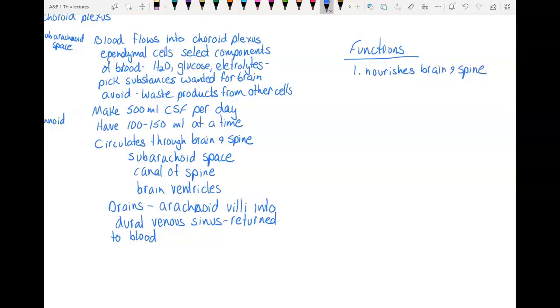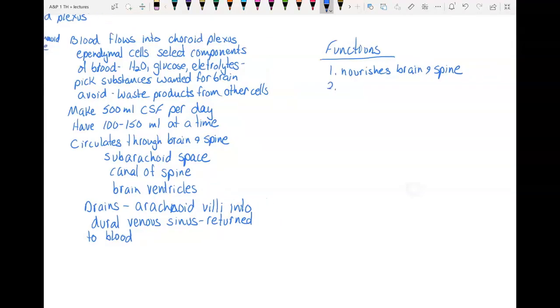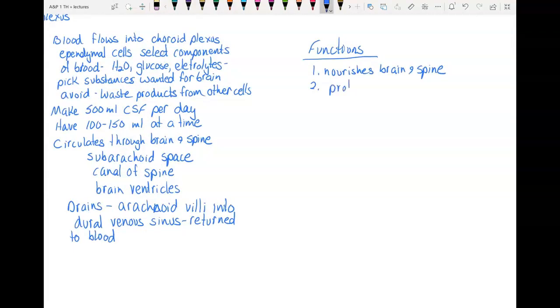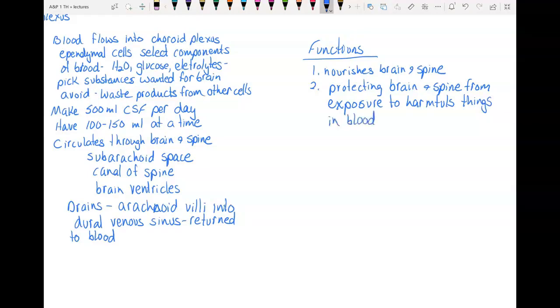And since it is a custom selected fluid where it keeps the waste products out, things that are harmful to the brain out, it is protecting your brain from being exposed to harmful things in your blood. And it provides buoyancy.